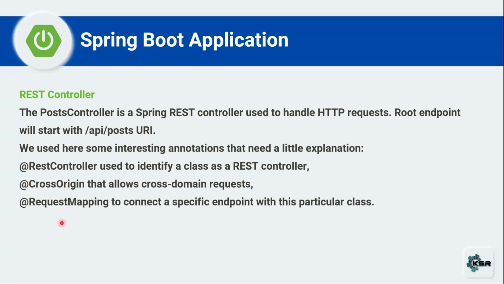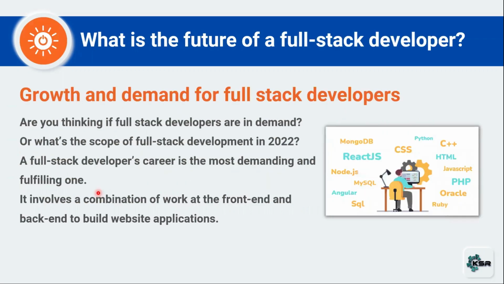If I want to handle one particular request, I'll use request mapping. If I want to handle a different technology from Angular to REST API, I'll use cross origin, so that I'll be able to interact with any technology, right? So we'll see all these things. I mean, what is the different tech stack and everything. How about my future if I learn this particular full stack developer, right?